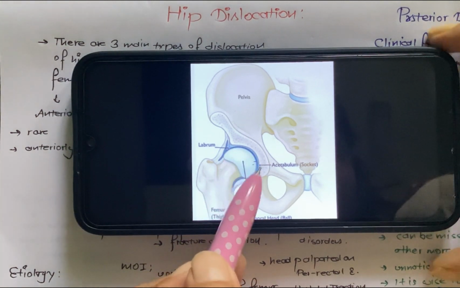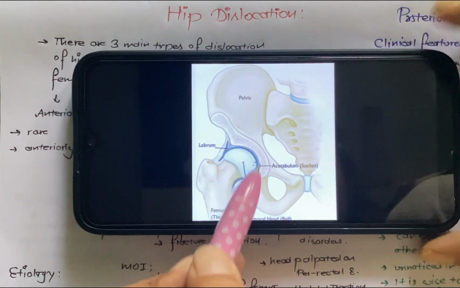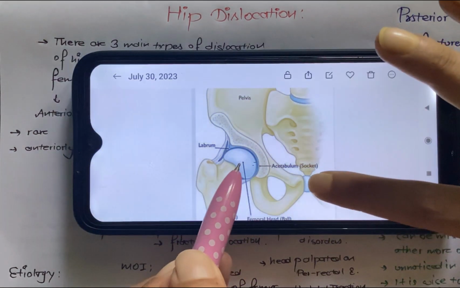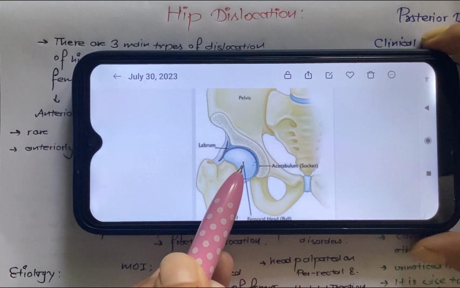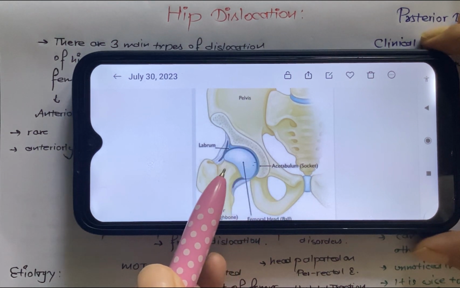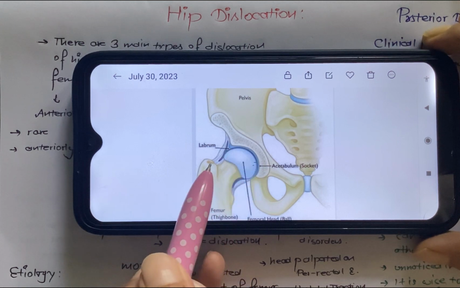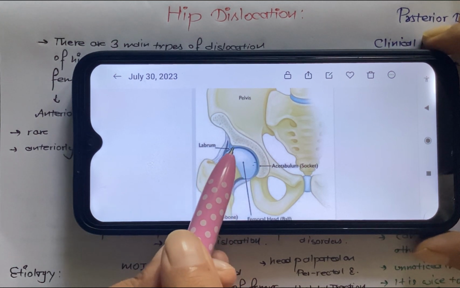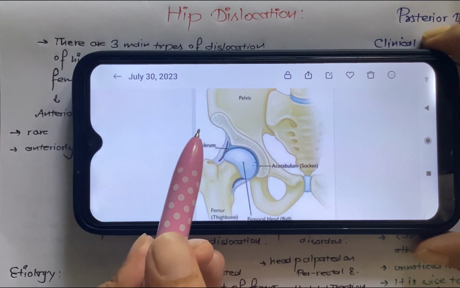And if there is displacement of this head of the femur anterior to this acetabulum socket, then it is known as anterior dislocation. Whereas if the direction of the displacement of the head of the femur is behind or posterior to the acetabulum, then it is known as posterior dislocation.